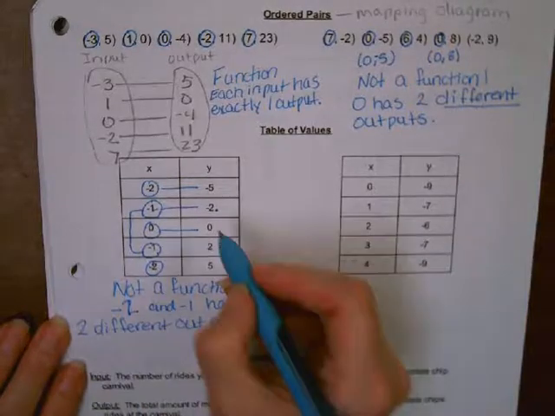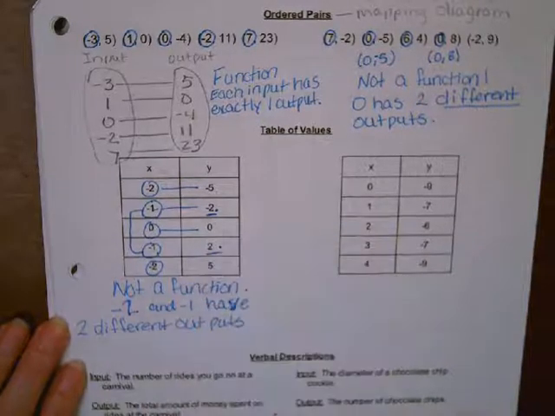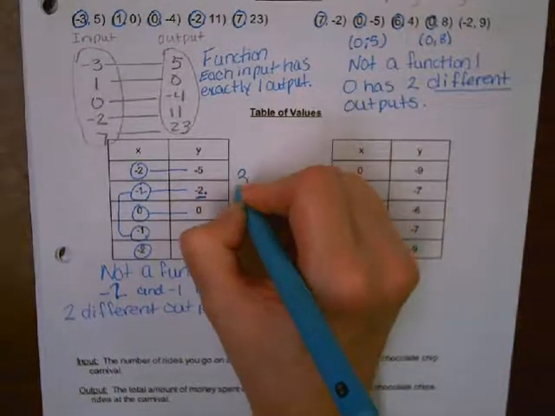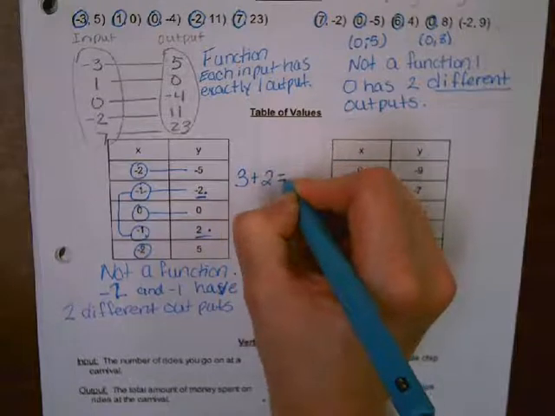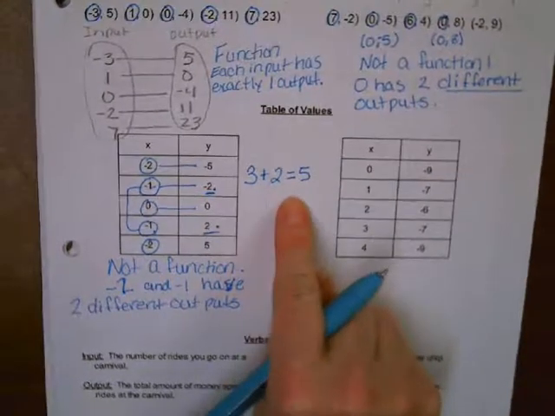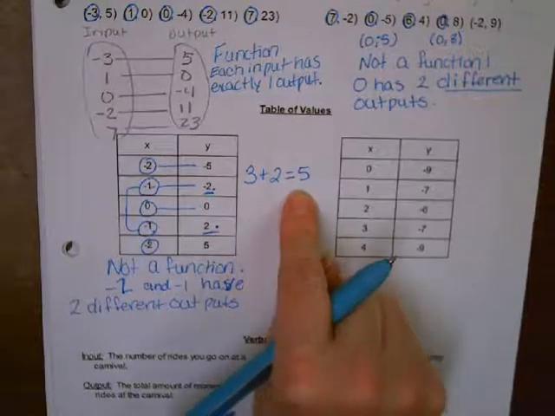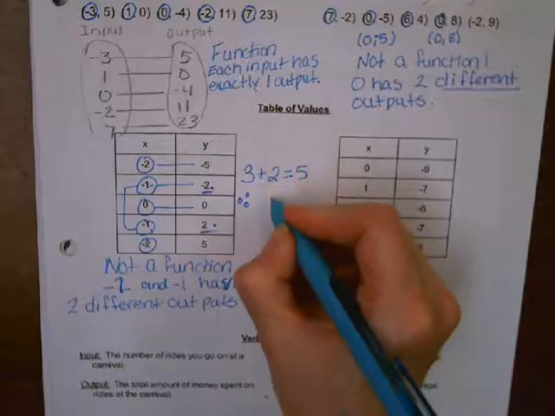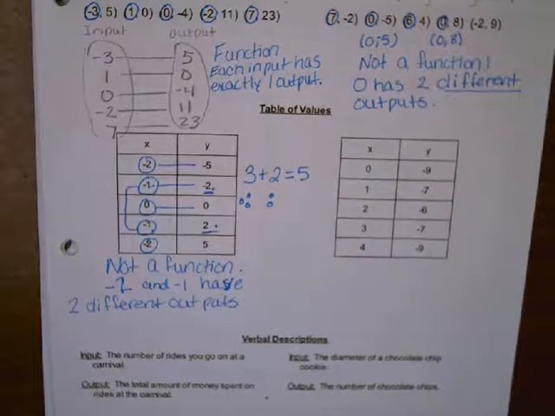Yep, definitely can't have two different numbers. It's like saying 3 plus 2 equals 5, right? Can it equal anything else? There is nothing else that a 3 plus a 2 can equal.